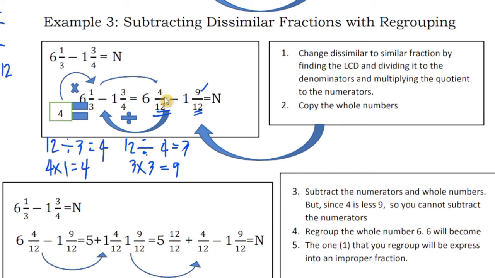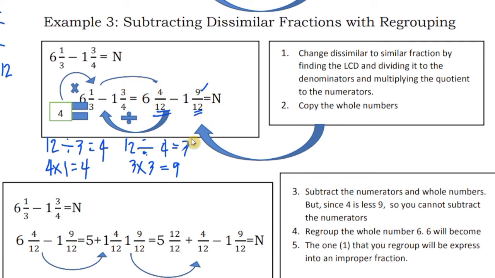But in this part, what we have given here is the lower value number subtracted from the bigger value. So how do we cater this kind of situation?